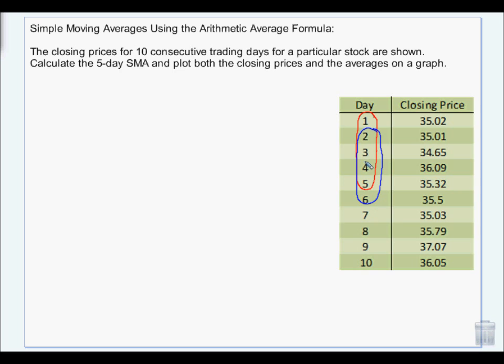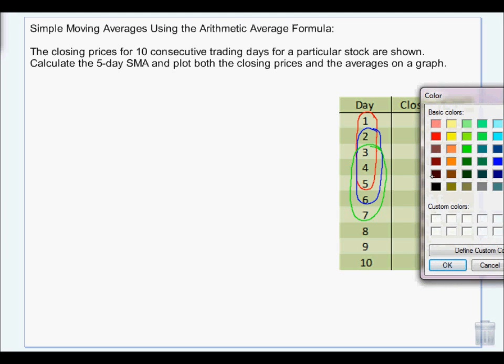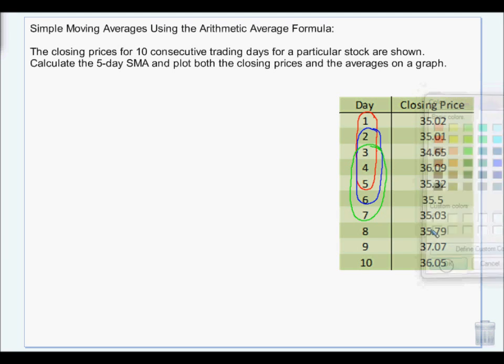So we move 1 day, but we still take a 5-day clump. If it's a 5-day SMA, it's 5 days. So it'll say what size it is. You could have a 10-day or 20-day, it doesn't matter, but it will say. Then our next one is 3 to 7, and then the next one is 4 to 8. You guys get the idea, right? You just keep going 1 day down.